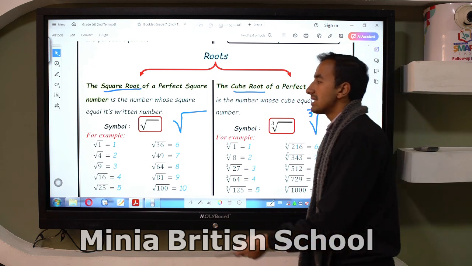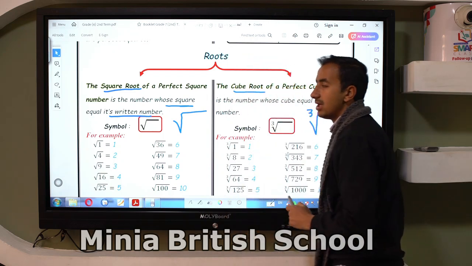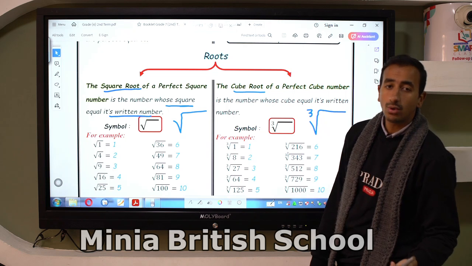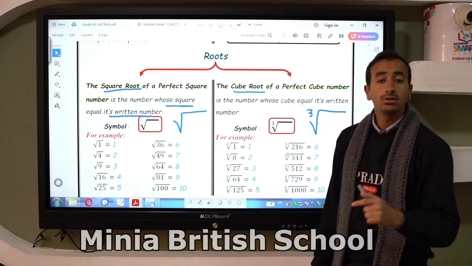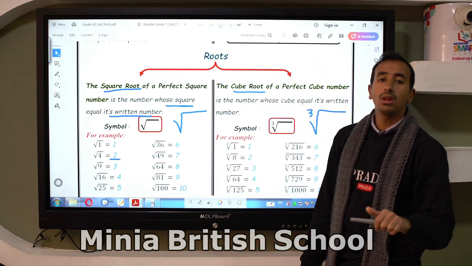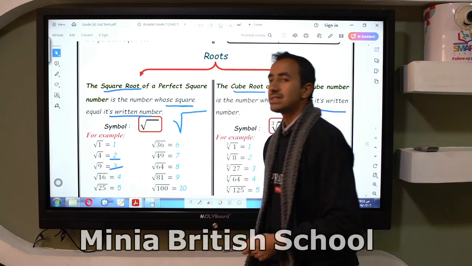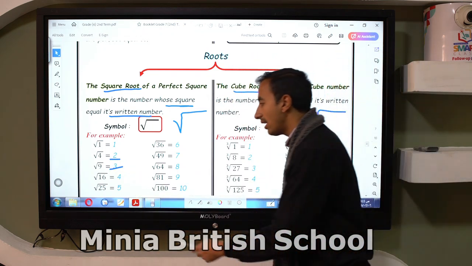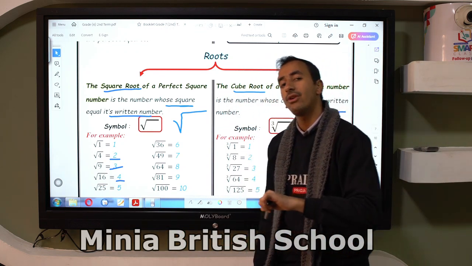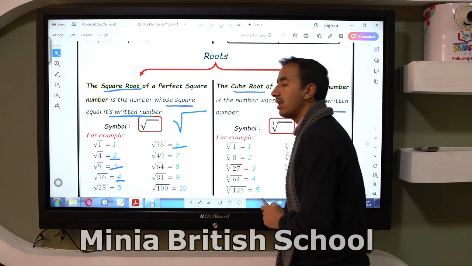The square root is a number whose square equals the written number. So 1 power 2 is 1, so square root of 1 equals 1. 2 power 2 equals 4, so square root of 4 equals 2. 3 power 2 equals 9, so square root of 9 equals 3. 4 power 2 equals 16, so square root of 16 equals 4. 5 power 2 equals 25, so square root of 25 equals 5. 6 power 2 is 36, square root of 36 equals 6.